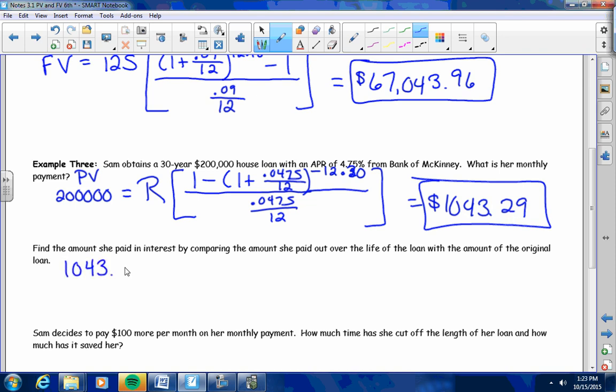So 1,043.29 times 12 months, so every single month, times 30 for the next 30 years, gives us a grand total of $375,584.40.